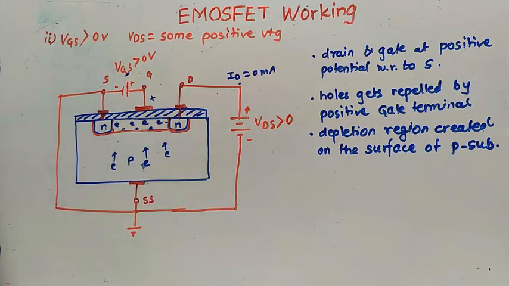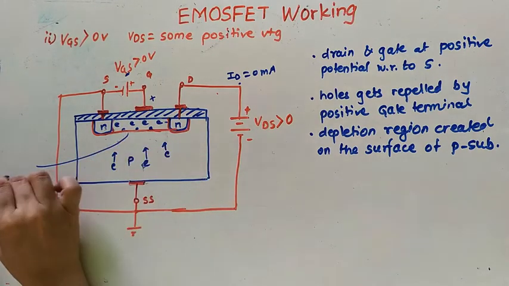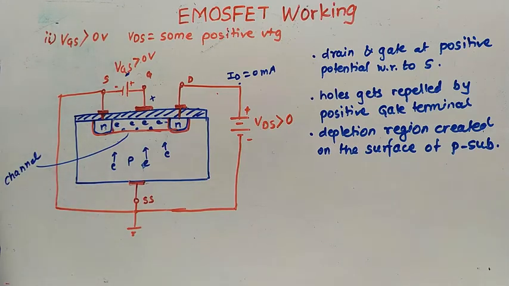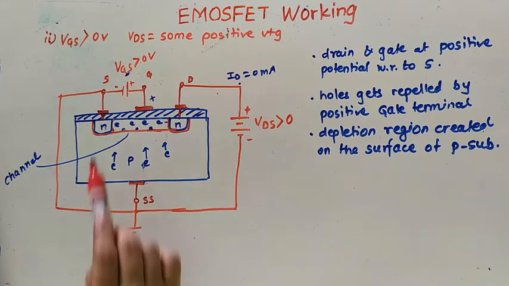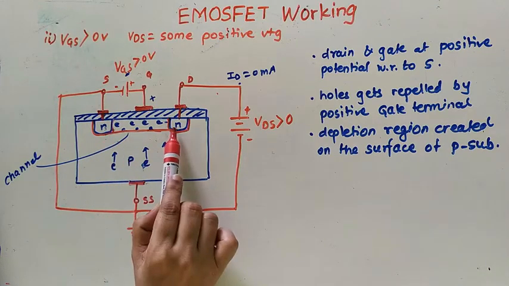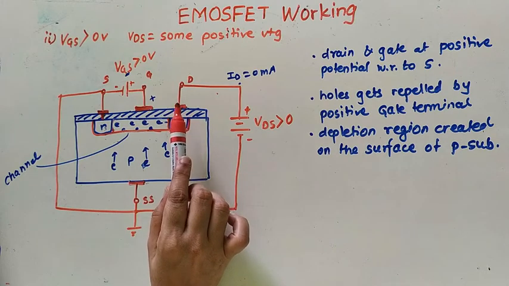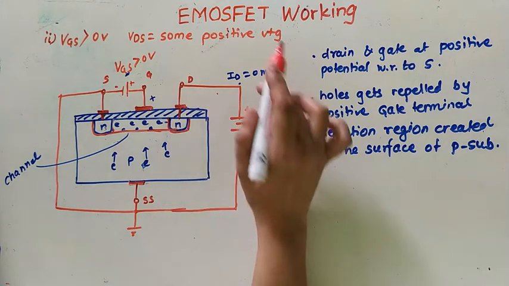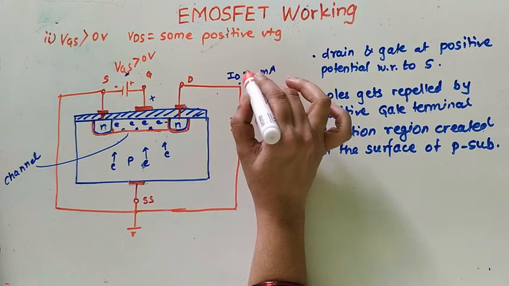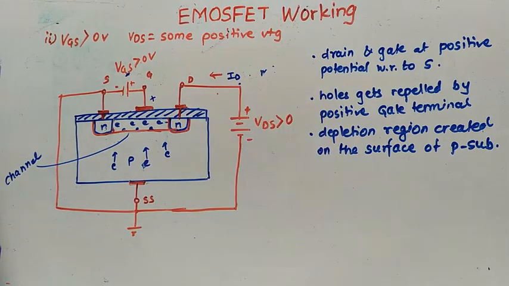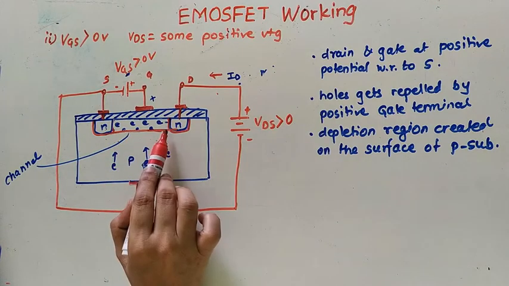So this is called the channel, and here a measurable flow of electrons will happen from the source terminal to the drain terminal, and we will get the current ID, which has some value, meaning the current ID will flow through this drain terminal once this channel gets established.